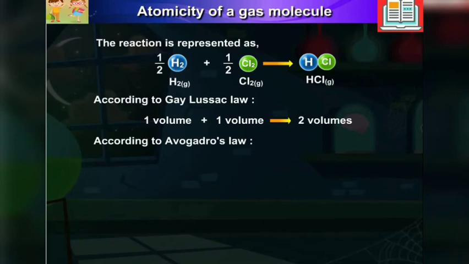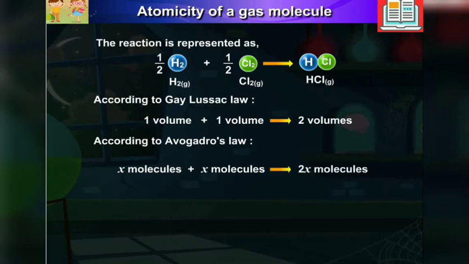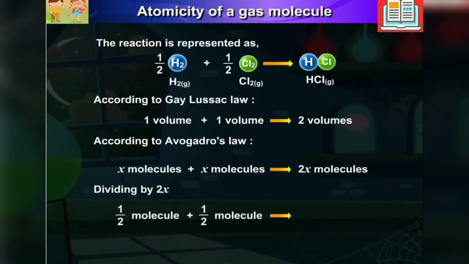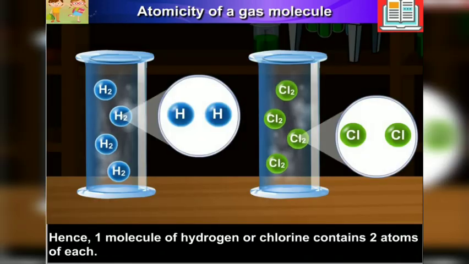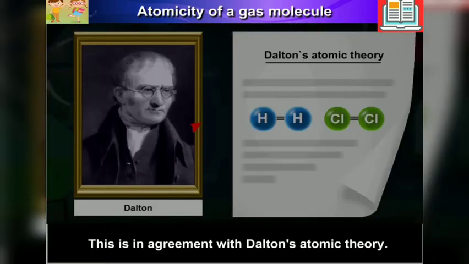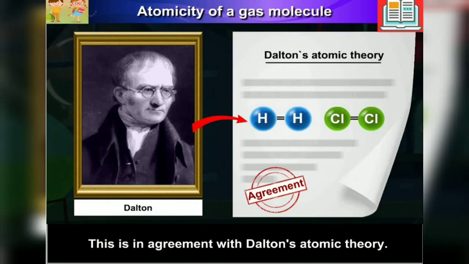According to Avogadro's law, X molecules plus X molecules gives 2X molecules. Dividing by 2X, 1/2 molecule plus 1/2 molecule gives 1 molecule. 1 atom plus 1 atom gives 1 molecule. Hence, 1 molecule of hydrogen or chlorine contains 2 atoms of each. This is in agreement with Dalton's atomic theory.